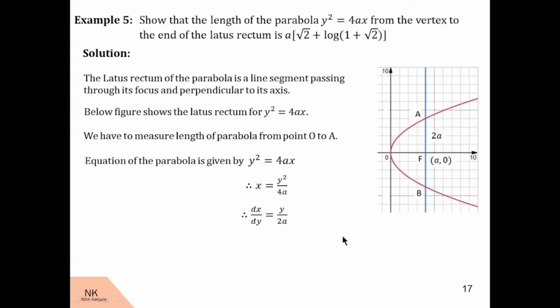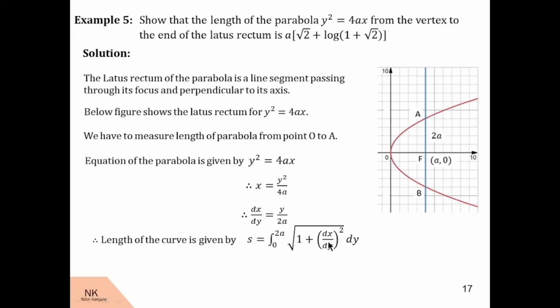And since this equation of the curve is of the type x is equal to f of y, its length can be given by the formula s is equal to the integral of under root of 1 plus (dx by dy) the whole square dy over the limit y1 to y2. Here y1 is the y coordinate of this point O, which is obviously 0, and y2 is the y coordinate of this point A, which is 2a.